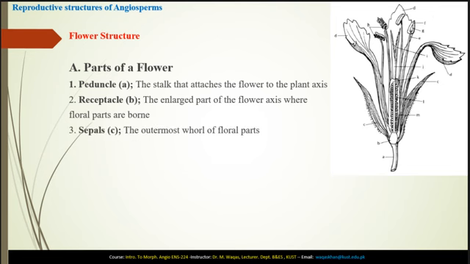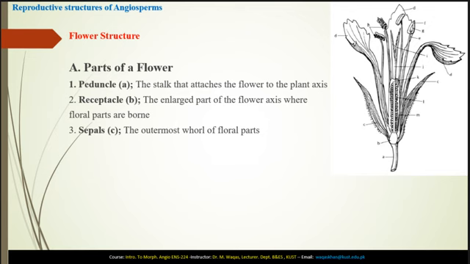After the receptacle, the third one is the sepals. As you can see, these are the sepals. Simply, we can say the sepals are the outermost whorl of floral parts that are mostly leaf-like structures.